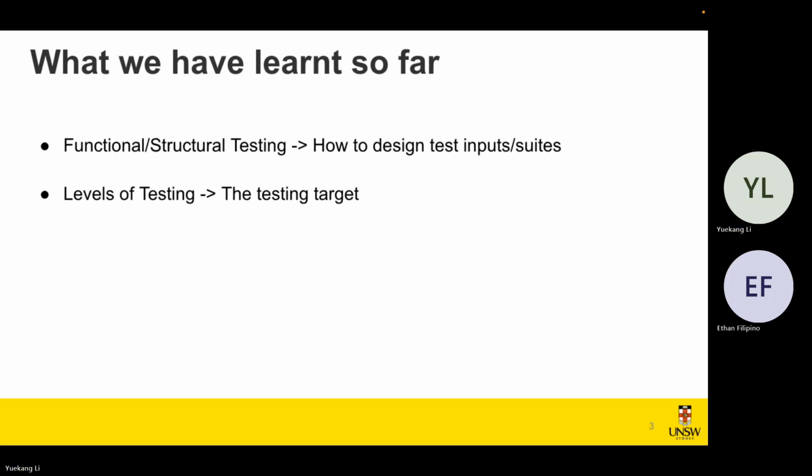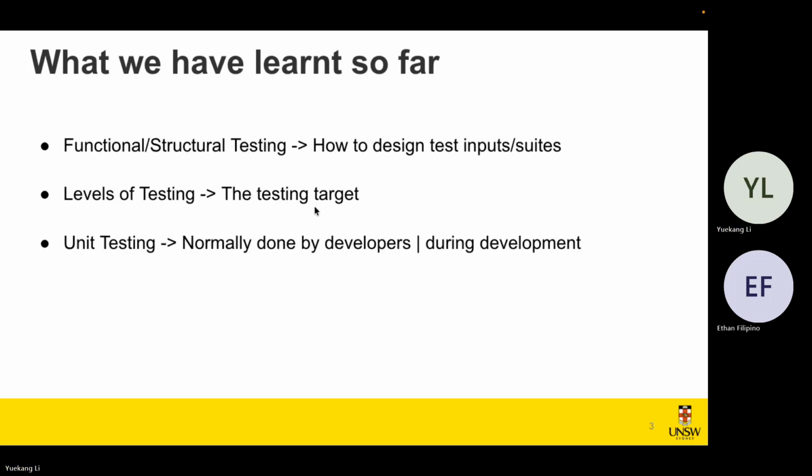In this week, we are learning different levels of testing. Different levels of testing don't affect how we design the test cases. Instead, they affect the testing target. We can test a unit, a subsystem, or the entire system, so it's more about what the target is.